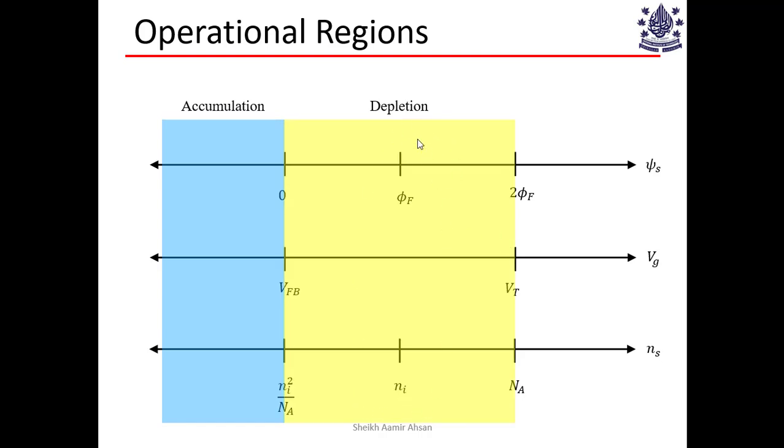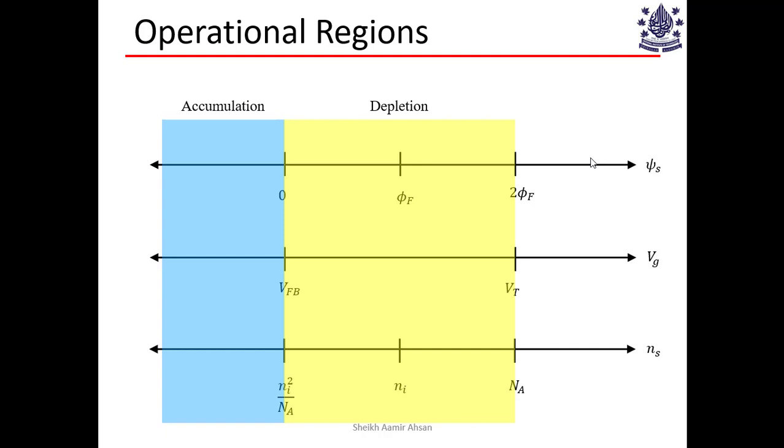That is, you do not have any free mobile charge carriers in the channel, and that region close to the surface is totally depleted of any mobile charge carriers. Beyond this point, what you have is typically known as inversion. The reason being that the channel is totally inverted because the surface, in case of an n-type MOSFET, becomes negatively charged.